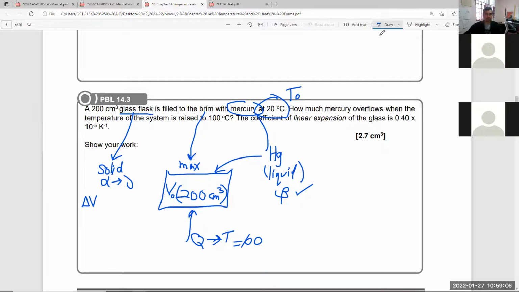So for the glass we use 3 alpha, not alpha. For the glass, the value given here is 0.4.